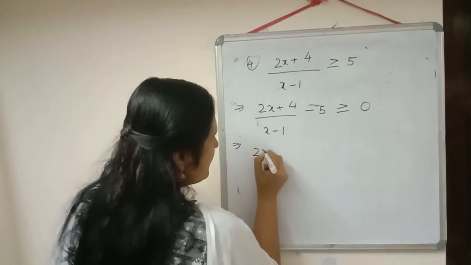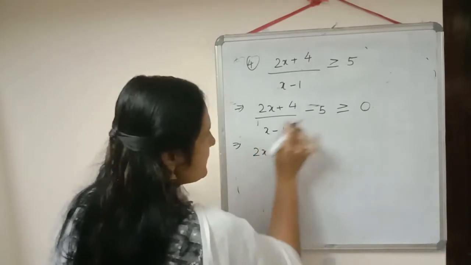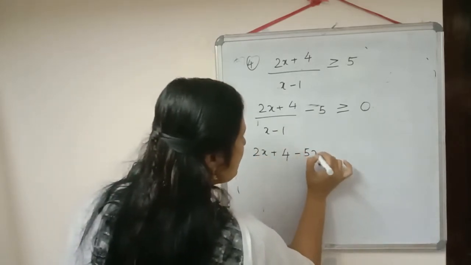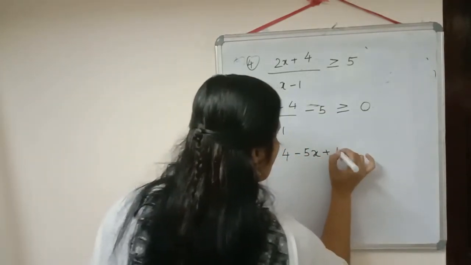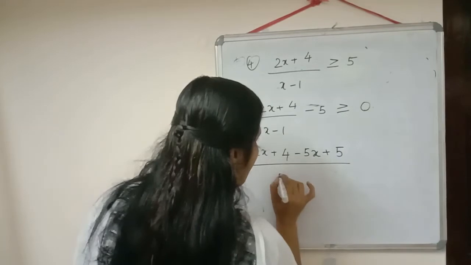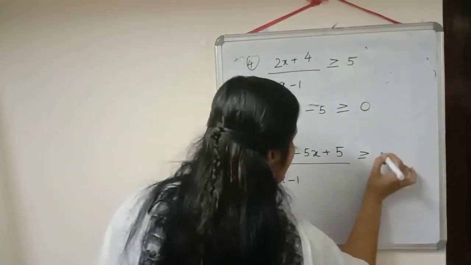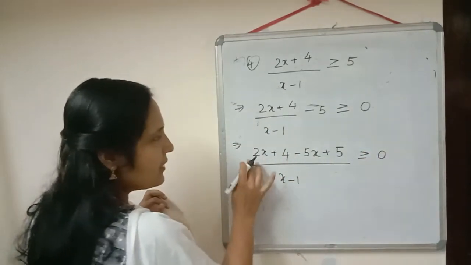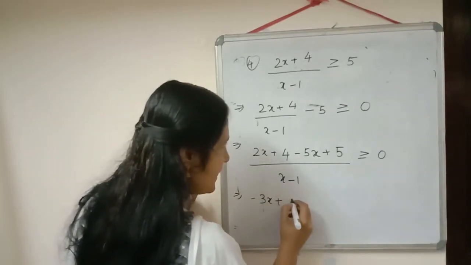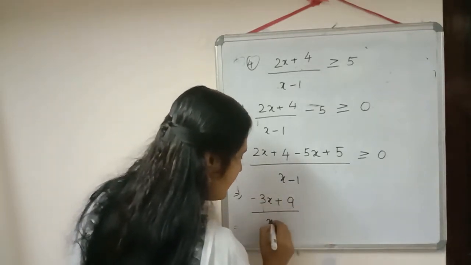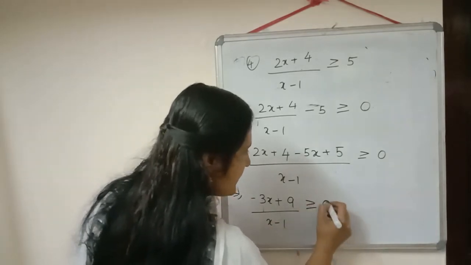Simplify it. 2x plus 4 minus 5 into x will be equal to minus 5x. Minus 5 into minus 1 will be equal to plus 5, by x minus 1 greater than or equal to 0.